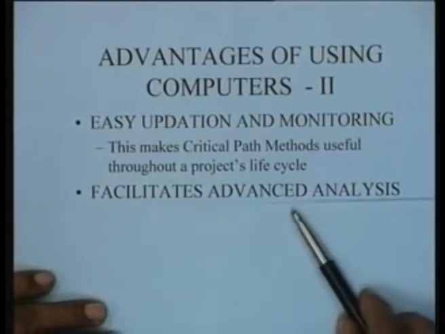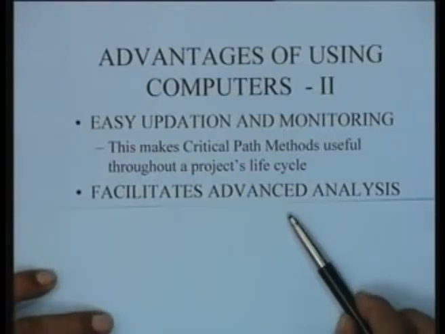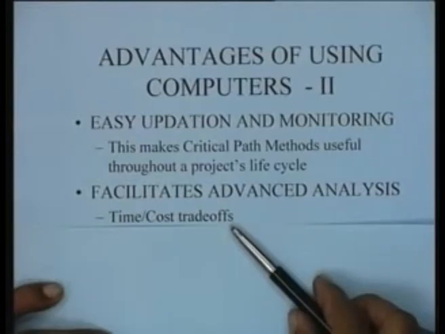Another reason why computers are useful in practical project management is the fact that they facilitate certain kinds of advanced analysis which would become very difficult and tedious if it was done manually, right? And what we mean by these advanced analyses is things like time cost trade-offs.